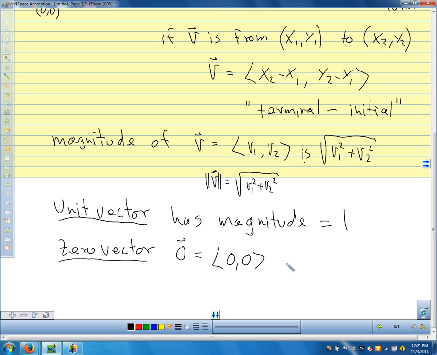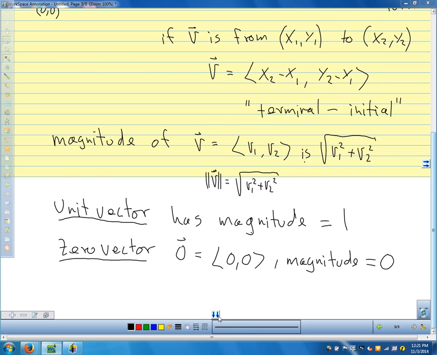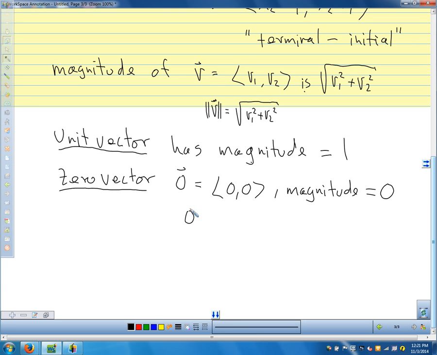It has magnitude equal to 0. And be careful, the 0 vector does not equal the number 0. One is a vector, one is a number. Vectors are different than numbers. The 0 vector is a vector with no magnitude. All right, we good so far?